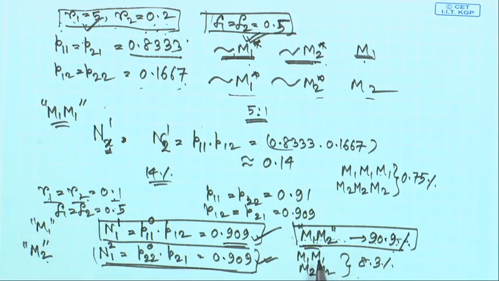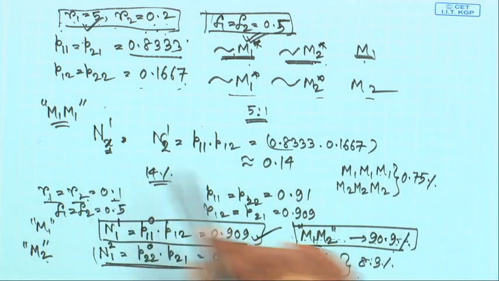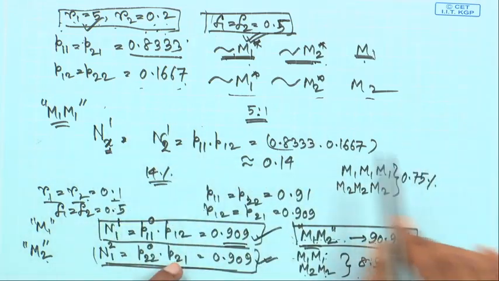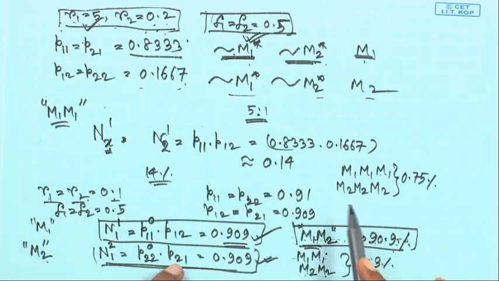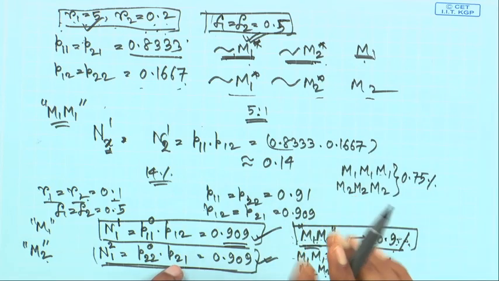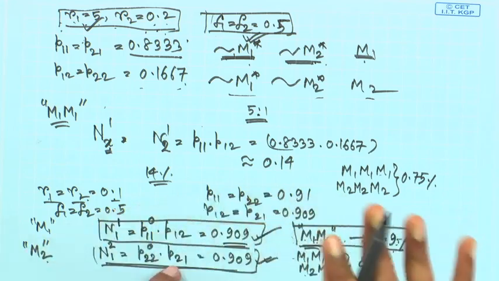And what about the rest of the things, say M1 M1, you may be surprised, but M1 M1 or M2 M2, say dyads, you can find 8.3%. So, out of the total sequence distribution, the total number of M1s present in this particular length of the polymer on an average, out of that 2 of them are together like M1 M1, again M1 M1, again M1 M1. Out of the total number of M1s, the number fraction distribution gives you 8.3.